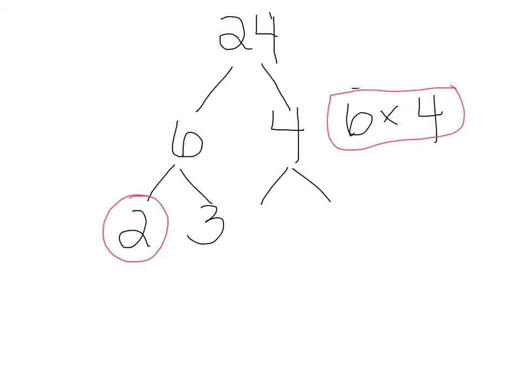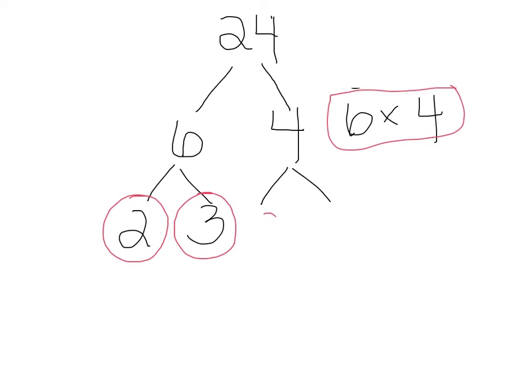Now I'm going to go to 3. Is 3 a prime number? It is a prime number. There are no other set of numbers I can think of or an array that I can build other than 1 times 3 and 3 times 1. Since that's the only one, that's a prime number and I'm going to circle it. And that stops my branches from growing too. Now I'm going to go to my other number here, the 4. So what set of numbers can I multiply to get 4, other than 1 times 4 and 4 times 1?